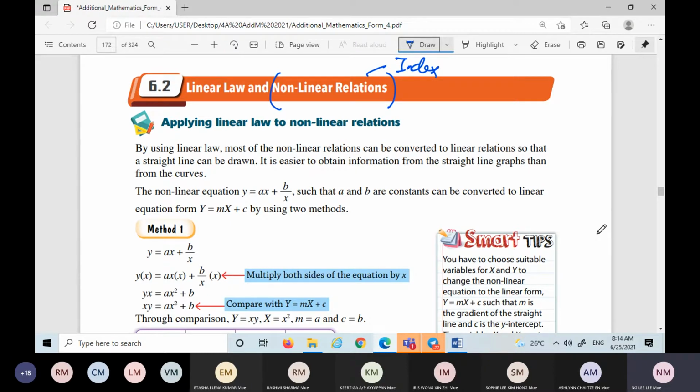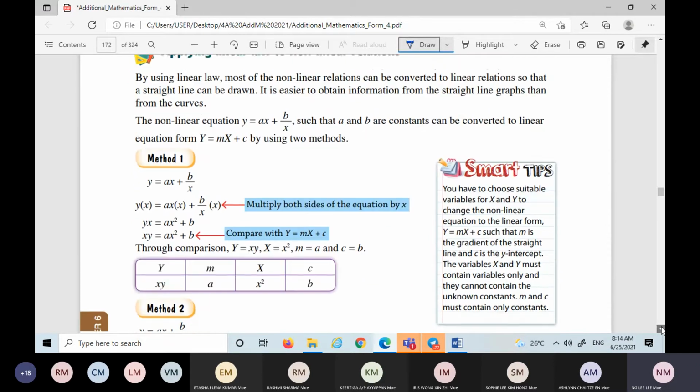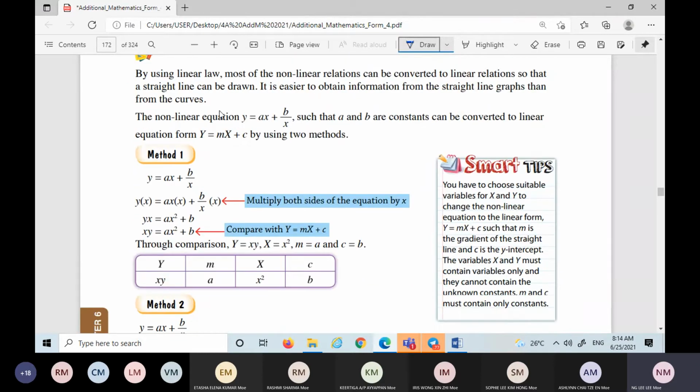Okay, you can copy this example. This is example number 1. This is the non-linear relation or the equation. Here the x and y, we call variables. The a and b, we call constants.